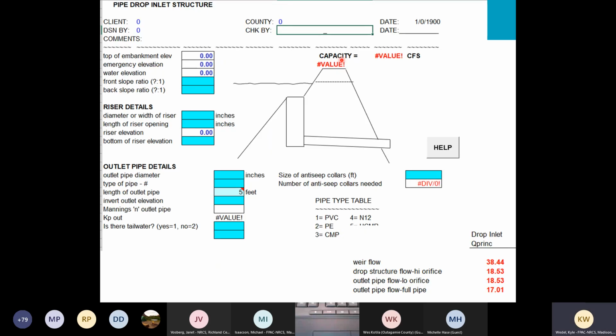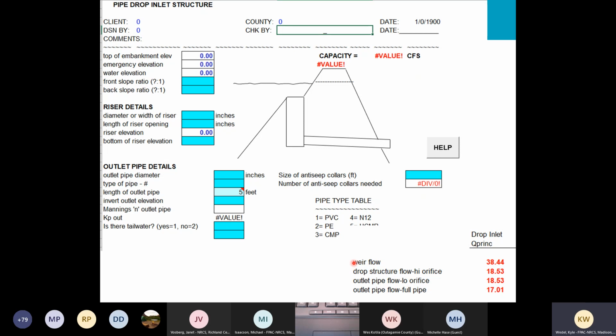So kind of moving on here a little bit. This is our pond spreadsheet, and this is for our pipe inlets. I'm not going to go over all of this, but you enter in all your information in blue, and then it's going to spit out a value or a discharge at you, and you're going to kind of live with it.